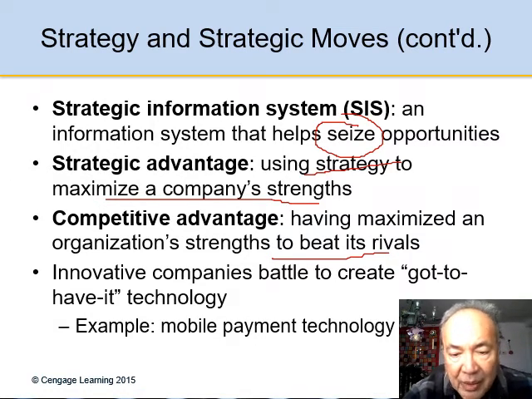An example is mobile payment technology. We can pay our credit cards through mobile phones. We can buy something on the internet using a mobile phone. Okay, so these are the got-to-have-it technologies.